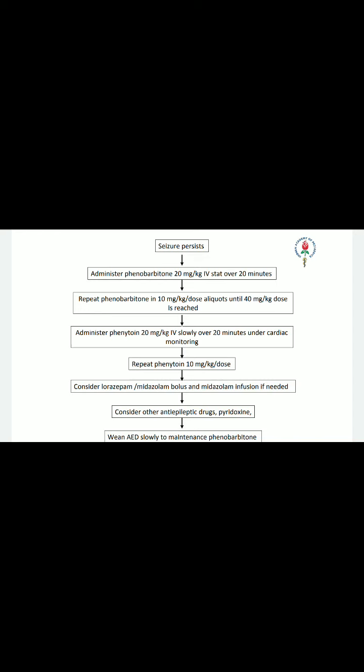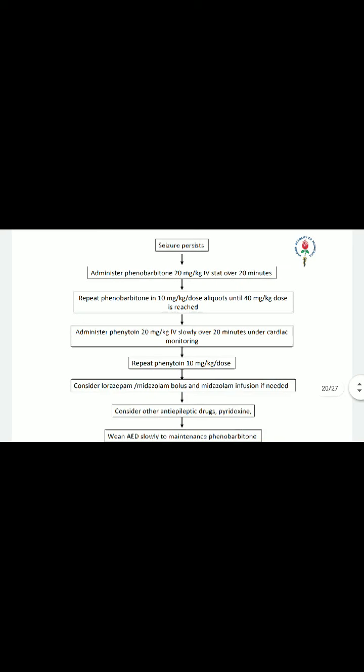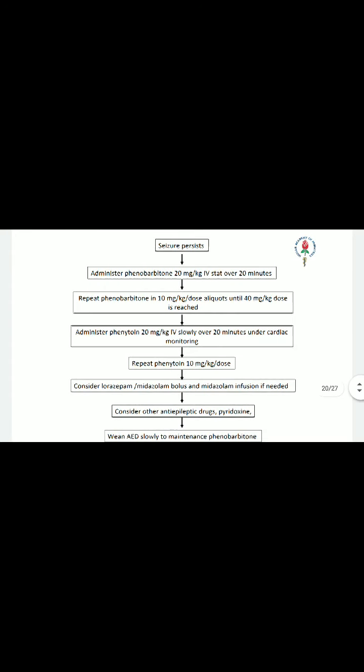If seizure is not controlled, then you can use phenytoin 20 milligram per kg IV slowly over 20 minutes under cardiac monitoring. You can repeat phenytoin another 10 milligram per kg dose if seizure is not controlled.